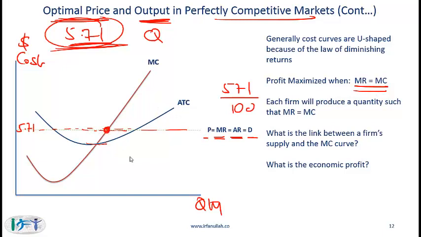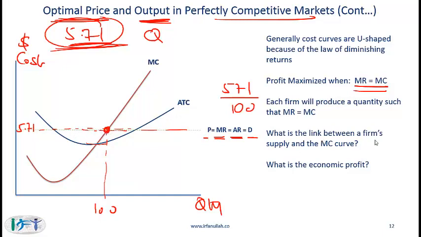This is our marginal cost curve. This is the quantity at which we will maximize our profit. Let's say that this quantity is 100. So we will sell 100 oranges, each for 5.71, and this is where we maximize our profit.